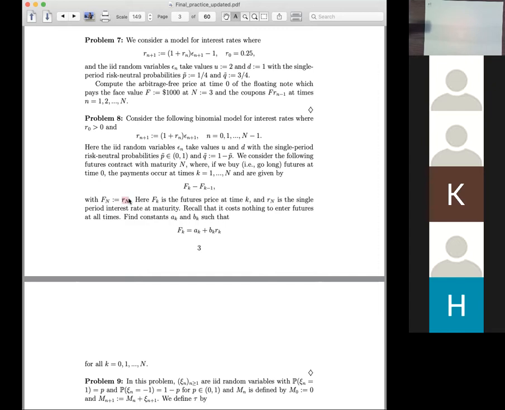There's a hint that you should write them in this form: a constant AK plus another constant BK times the current interest rate. Our job is to find a recursion for these coefficients AK and BK, just like we did before the break. But before the break, we did it for a forward. Now we are asked to do it for a futures contract.